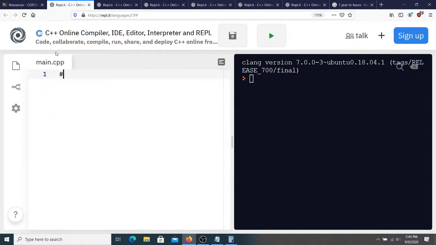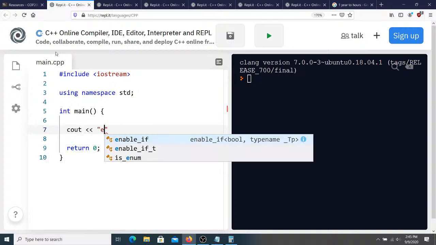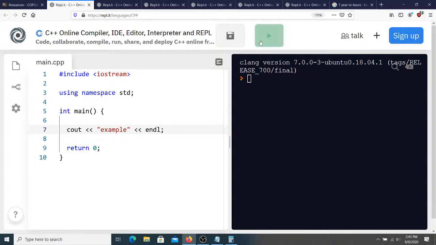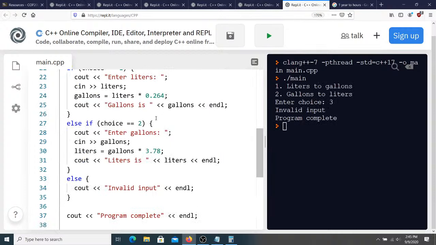So let's start off with a hello world. I like this example because a few years ago it started off as an example that had an error in it, and it was just an example I made up on the way to class.